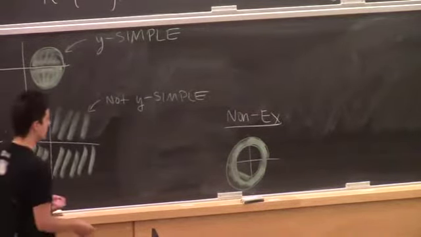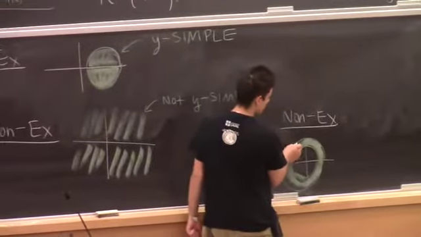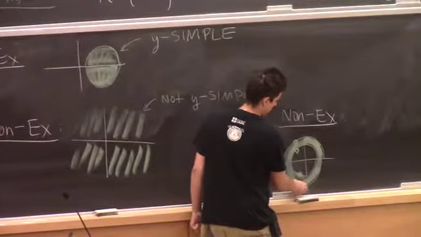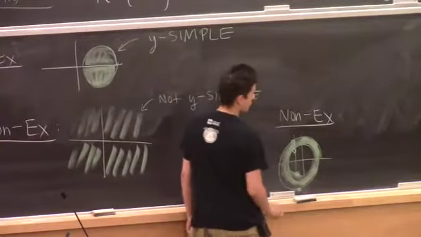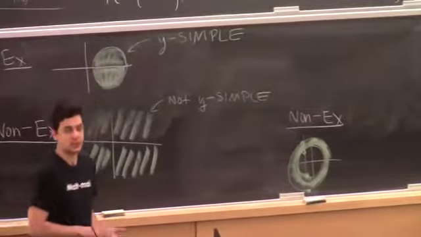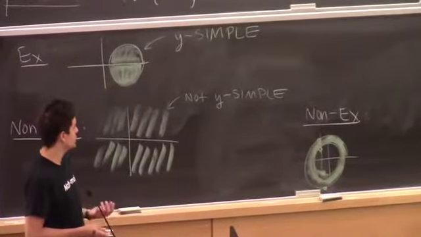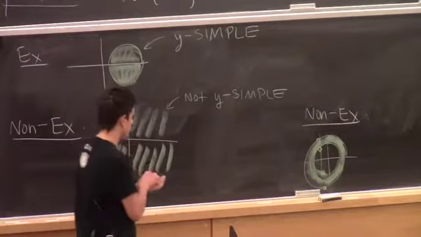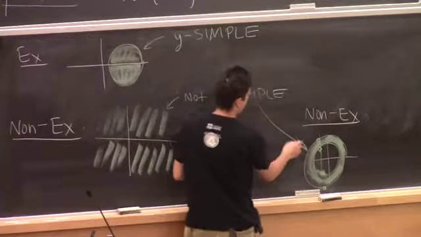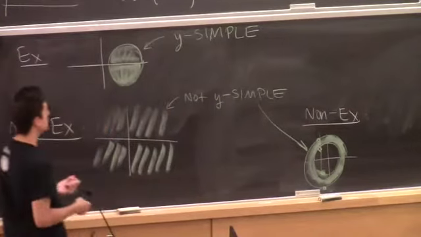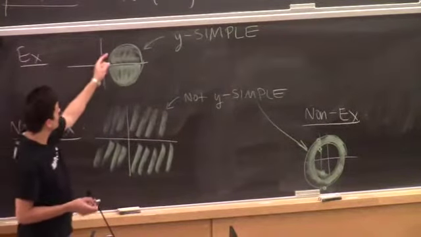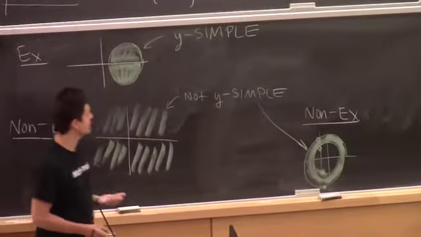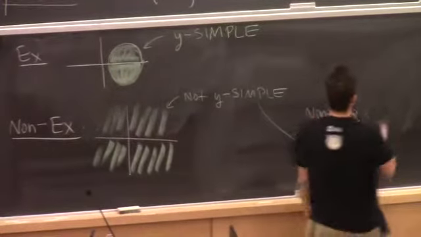Right, because in any vertical line, we're going to have 4 points, which is too many points for two functions to give us. Okay, so there's a couple pairs of non-examples. So when you're thinking why simple, you want sort of a blob with continuous boundary. Okay, sweet.